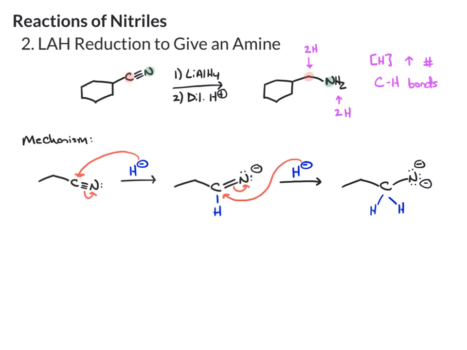In reality, we have this aluminum around that helps coordinate to the nitrogen, so it's not quite as bad as just two negative charges kind of nakedly existing on an atom like I'm showing it here. From there, when we do the acidic workup, just go ahead and write out 2 protons for us to use.